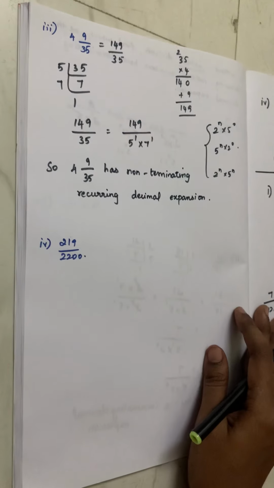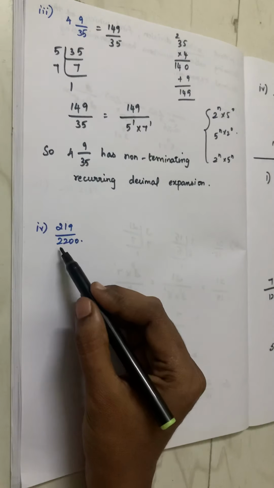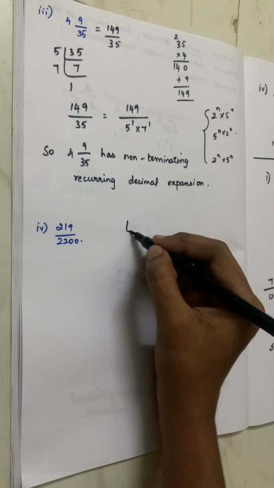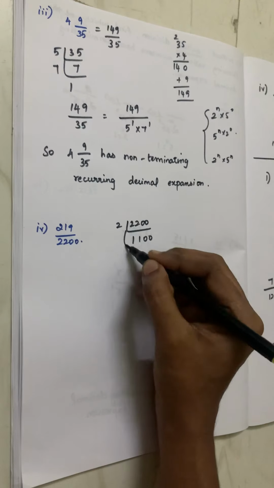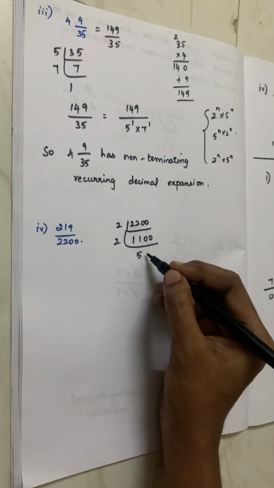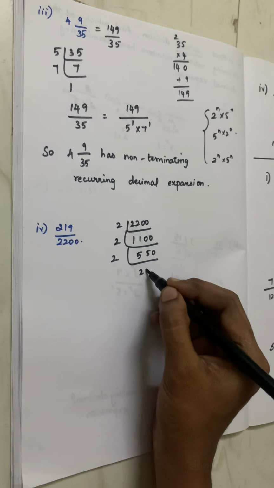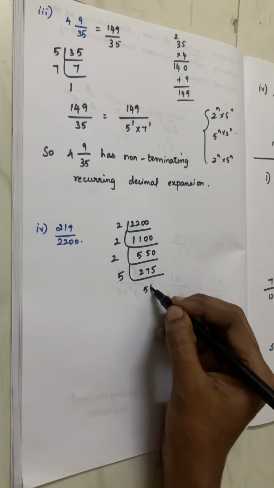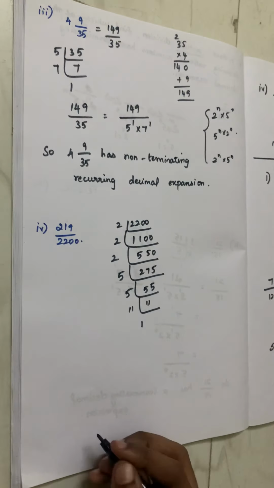Okay, next we move on to the last sum. This 2200, you should change: 2200 in 2 tables, 1100, again 550, 275. Then 5 tables: 55, again 5, then 11 tables, so 11 one.